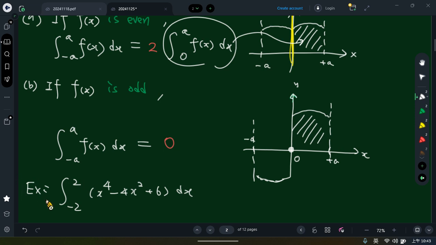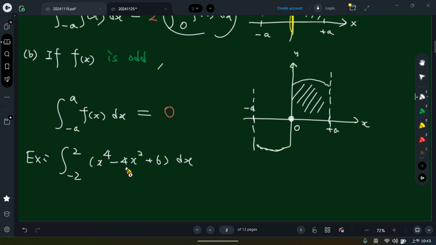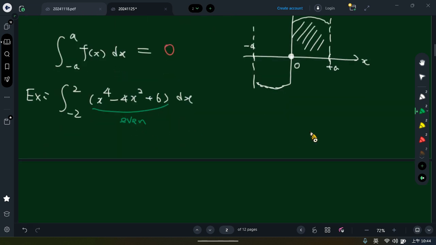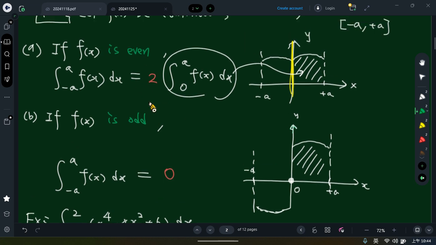It's an even function. And how about minus 4x squared? Even or odd? Even, also even, right? For 6, a constant function, even. Even minus even plus even, so in total, it is still even.